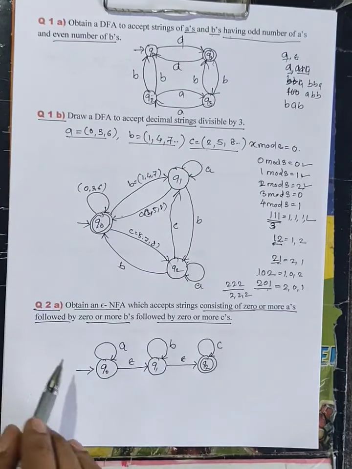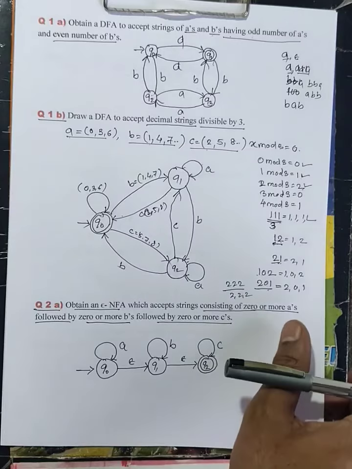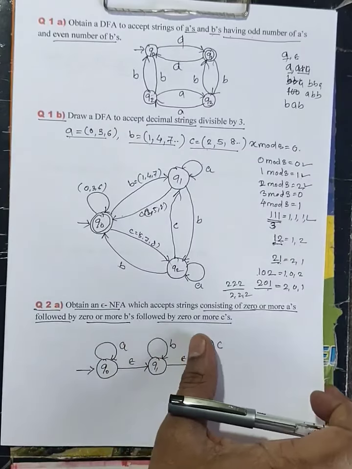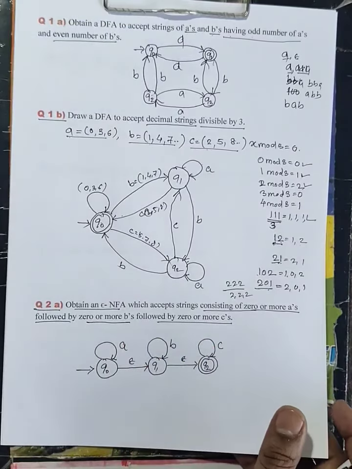This is the final state. Q0 is the initial state, Q1 and Q2 are final states. This is the epsilon NFA to accept the string: 0 or more A's followed by 0 or more B's followed by 0 or more C's.